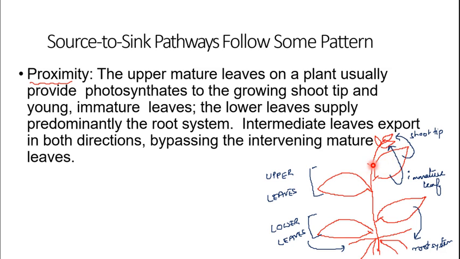These two are very nearer to the shoot tip, so they will transport the photosynthate to the shoot tip. Now the lower leaves will transport the photosynthate to the root because they are nearer to the root. Now there will be some intermediate leaves also which export in both directions. They will transport upward also, and to the lower side also. Intermediate leaves, if there are any, will transport both sides.